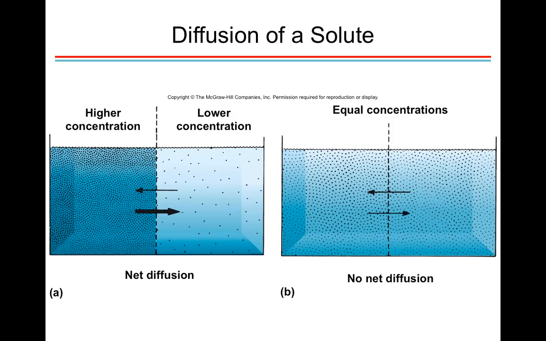So what I'm showing you now is just this principle of diffusion. Here we have a molecule in high concentration on the left and in low concentration on the right. We see the little black dots indicating the concentration of the molecule and the number of particles.